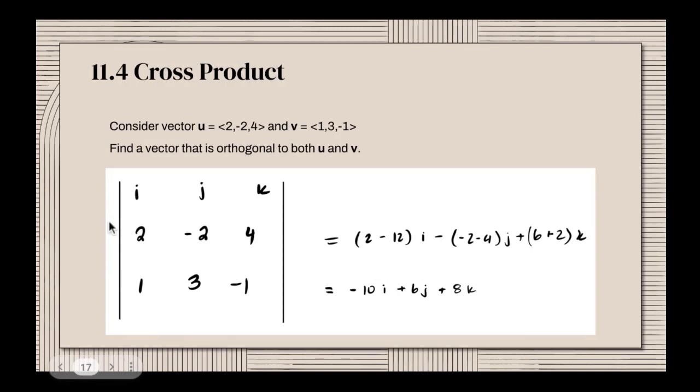And then for the j, you do 2 times -1 minus 4 times 1, and that would be negative because we are flipping those sides. And then for k, you have 2 times 3 minus -2 times 1. So our final resultant vector will be -10i plus 6j plus 8k.